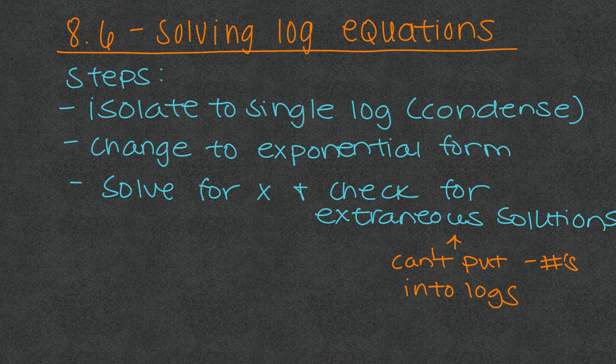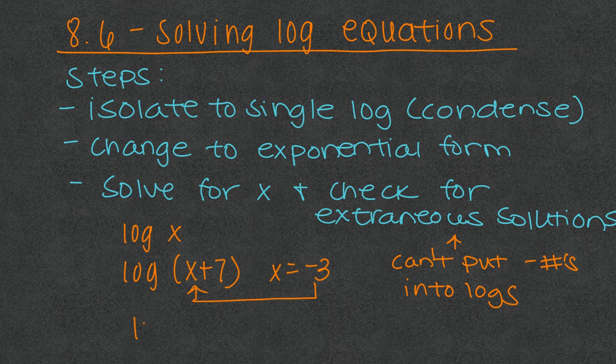Now, sometimes if it's just log of x, if I get any negative solution, it's not going to work, right? But if it's log of x plus 7, but I get an answer that's x equals -3, when I plug -3 into x, I end up getting log of 4, which is positive.